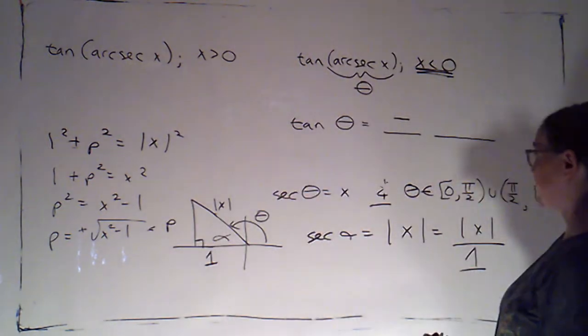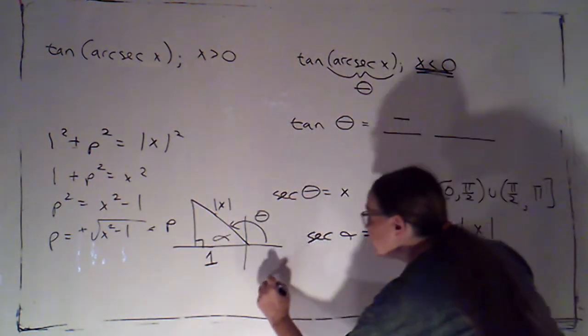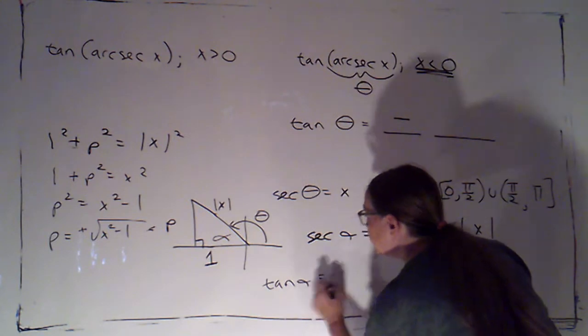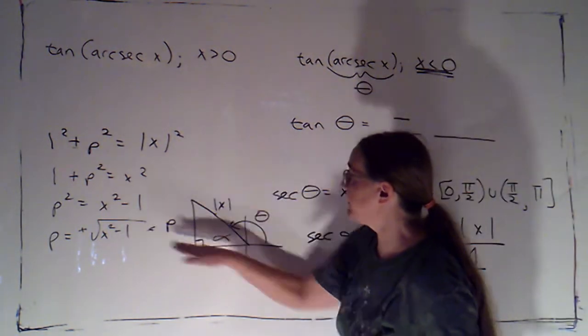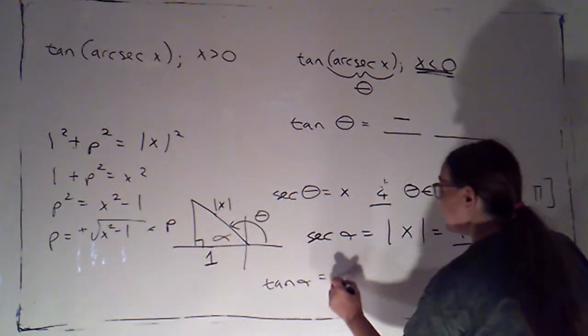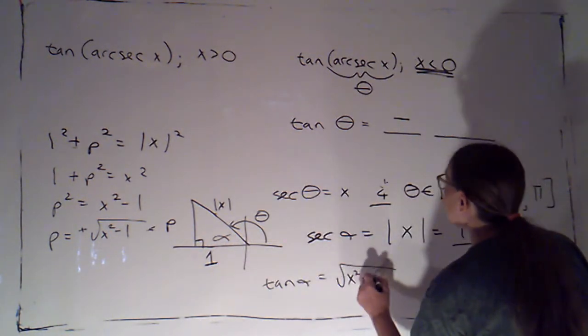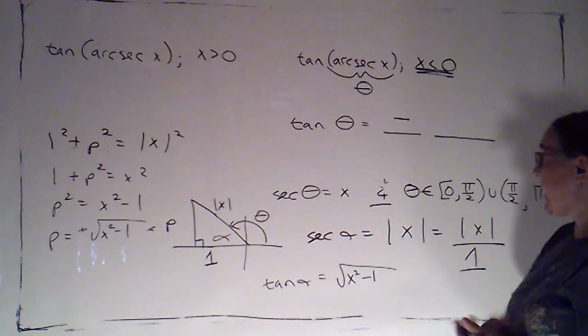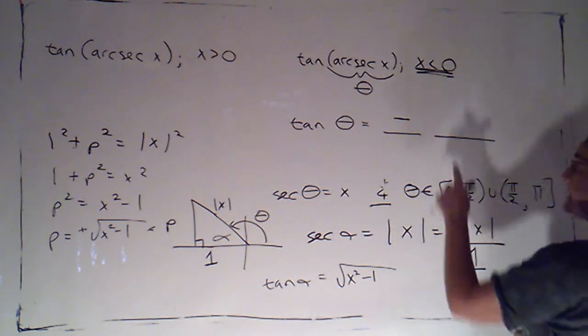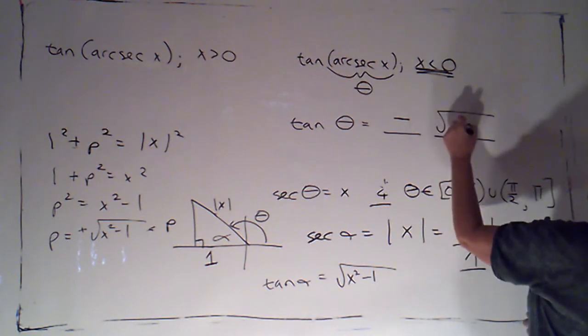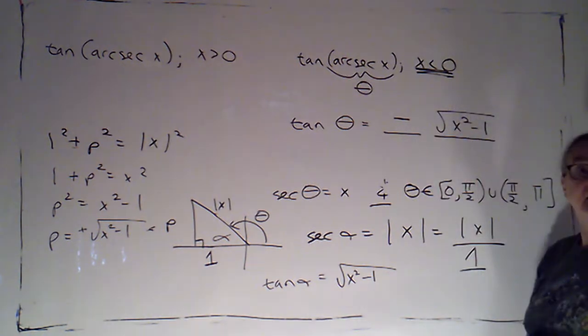Okay, excellent. So now I can calculate tangent of alpha, and tangent of alpha is going to be this opposite side over this adjacent side. So that's going to be root x squared minus 1. So for tangent of theta, I'm getting negative root x squared minus 1.